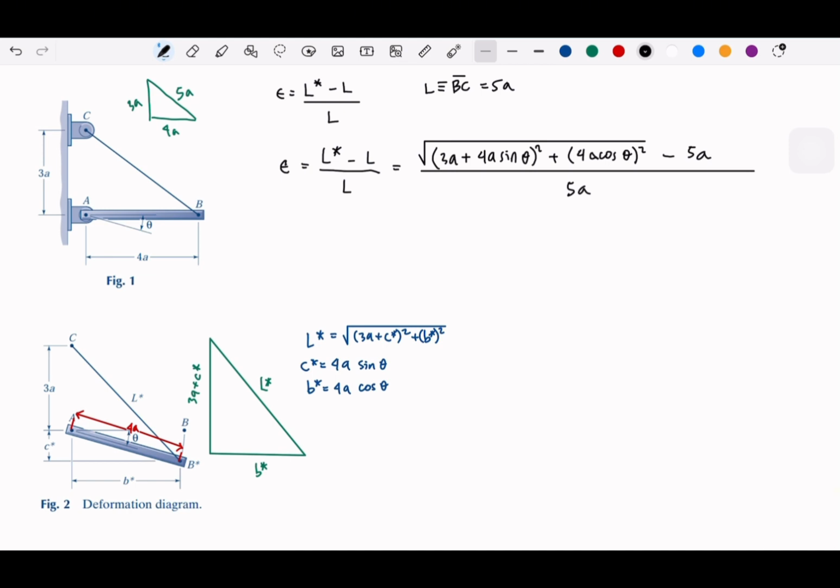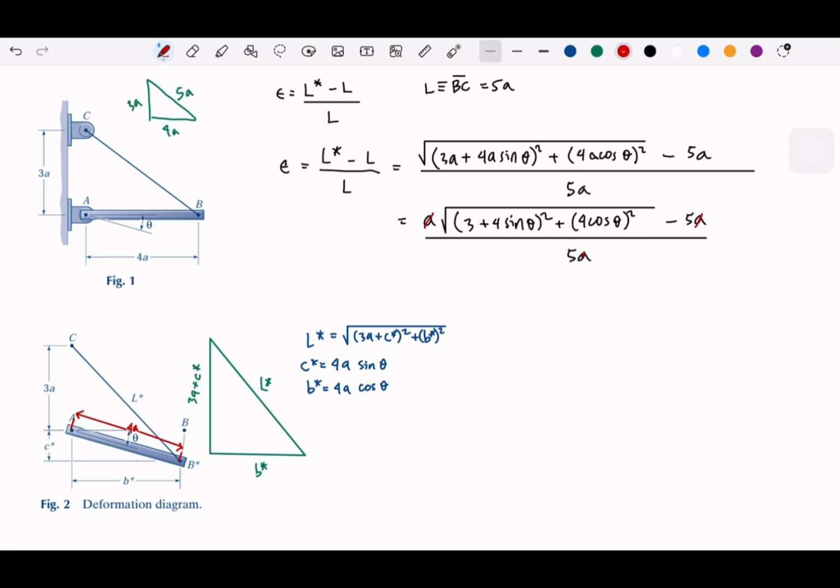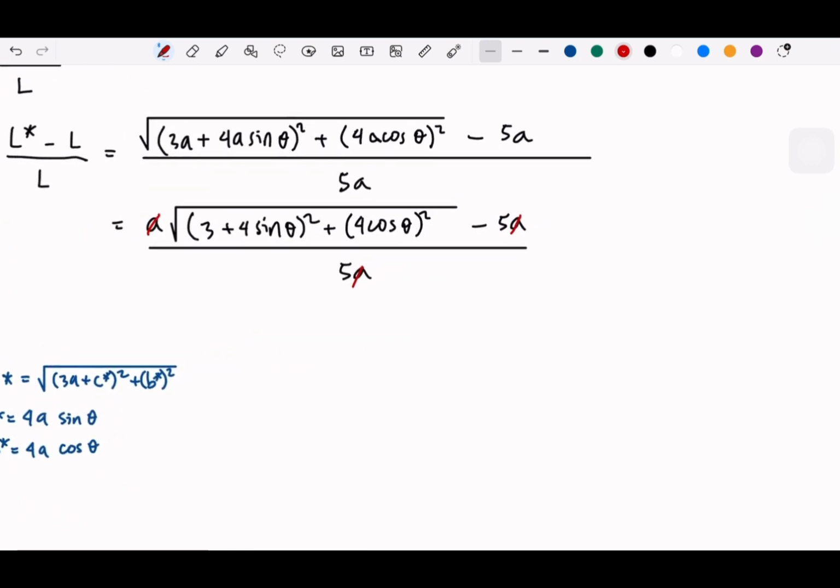We can factorize A, so we can write this as A times the square root of 3 plus 4 sine theta, squared, plus 4 cosine theta, squared, minus 5A, divided by 5A, and we can simply cancel all the A like that. This is how we can simplify this.